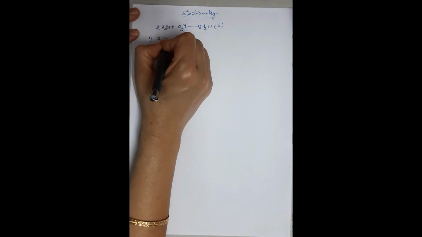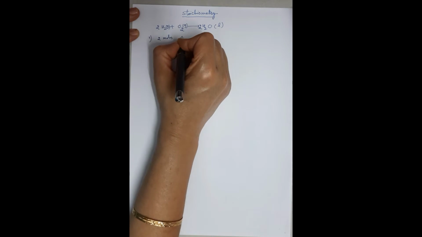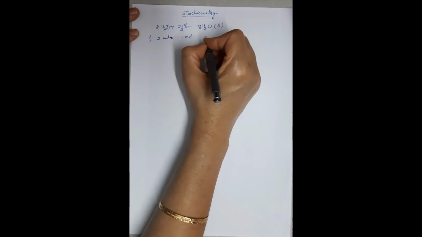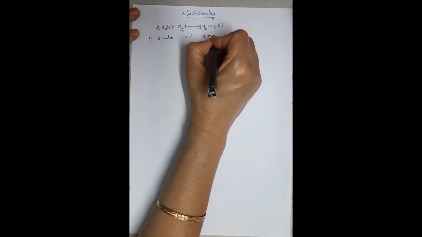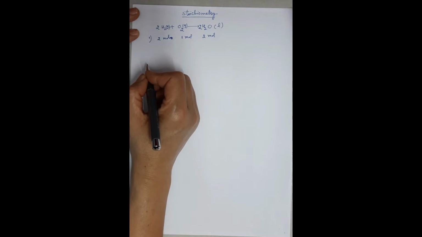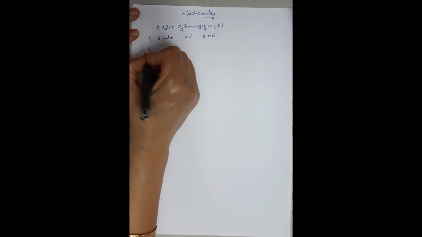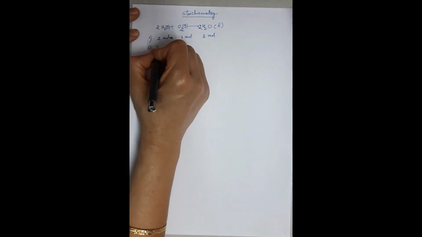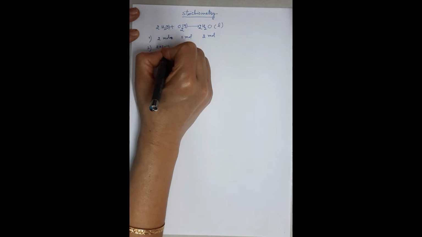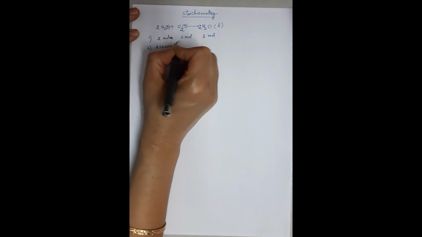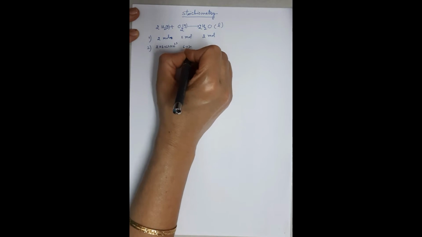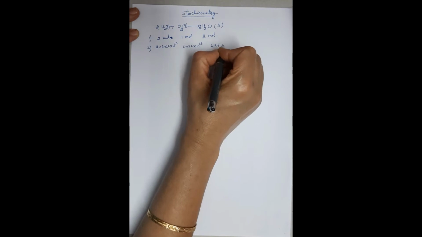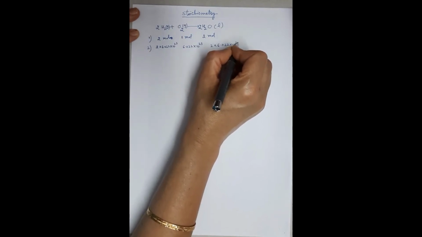2 moles of H2 react with 1 mole of oxygen and gives you 2 mole of water. Another information is in terms of molecules. 2 moles means I'll say 2 into 6.022 into 10 raised to power 23. 1 mole means 6.022 into 10 raised to power 23, and this is 2 into 6.022 into 10 raised to power 23.